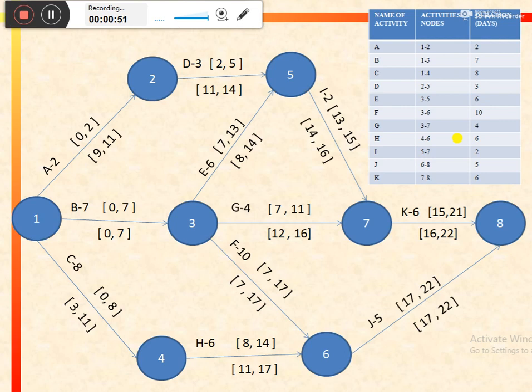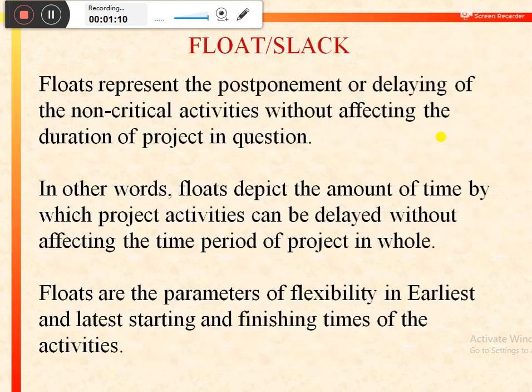And in the end, on the basis of all of this information, we have calculated or identified the critical path of the network. So in this video we would discuss about the different floats for different activities of the project.